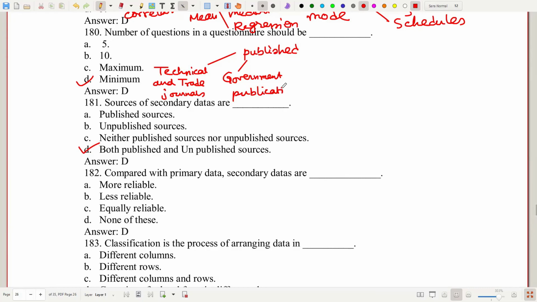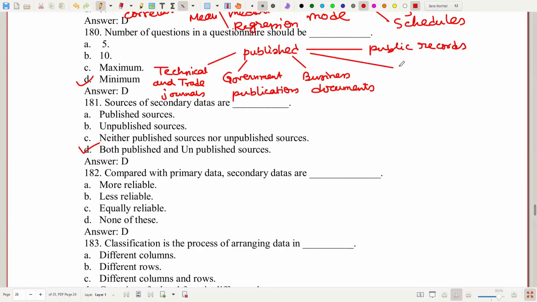Government publications. For the business documents. Another one, public records. Another one, published, that is historical.